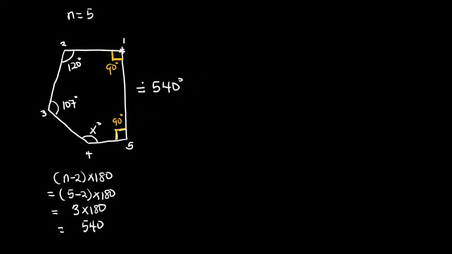degrees. All right, so if that is true, then let's go ahead and find the value for x. So it means that I'll add everything, 120 plus the 90 at the top over here, plus the second 90 at the bottom over here, plus the value of my x, then plus 107, and this is equal to 540.